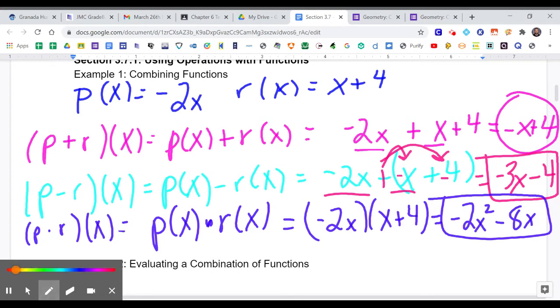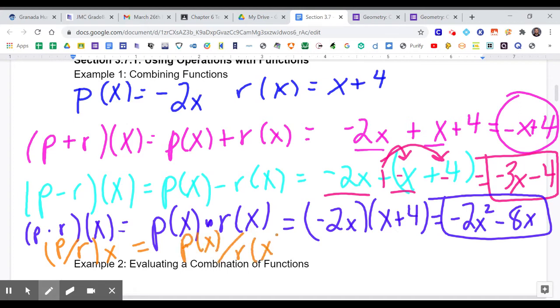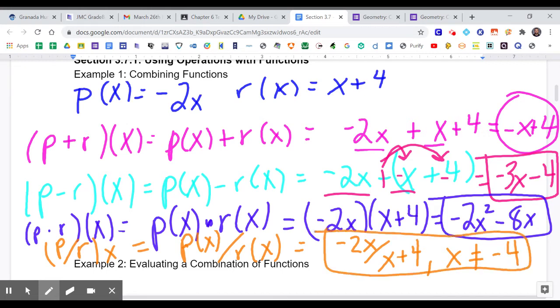Finally, the last one is p divided by r of x, which is p of x divided by r of x. So we would get negative 2x divided by x plus 4. Now there is one caveat we have to remember: x cannot be negative 4. That's because negative 4 is not in the domain of this function, since the bottom can't be 0. But everything else works. Very good.